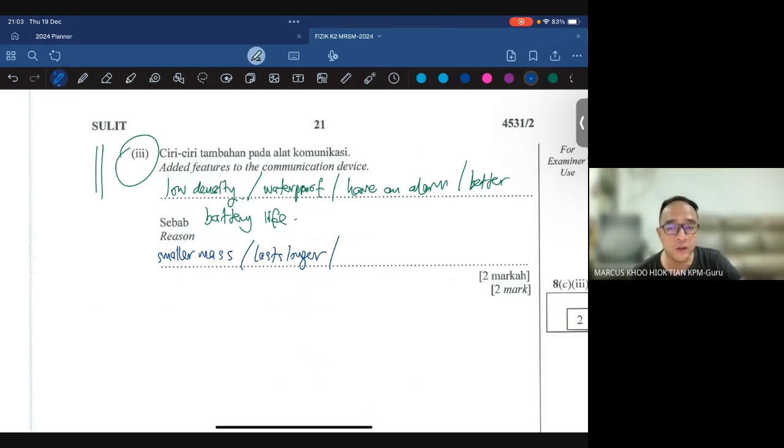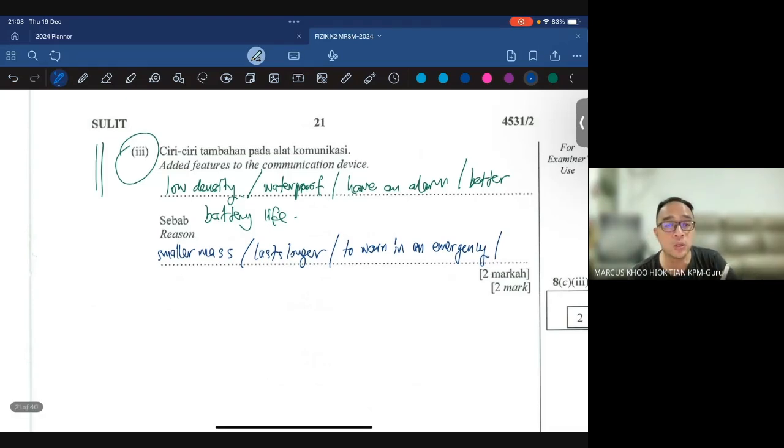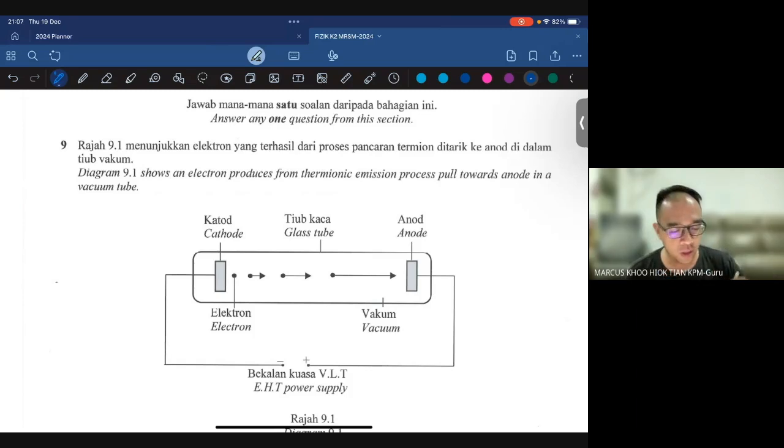Okay, you install an alarm, so that it can, what it says here, to warn in an emergency. Kalau ada emergency, bolehlah kasih warning. Better battery life, so can be used for a longer time.